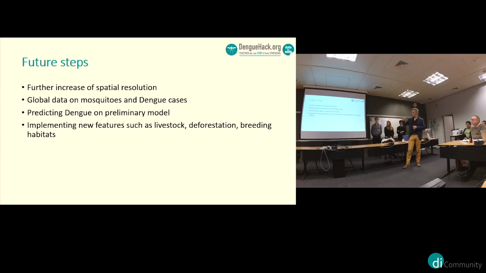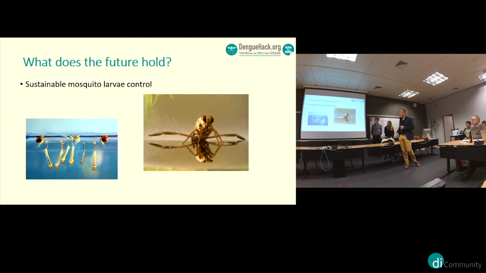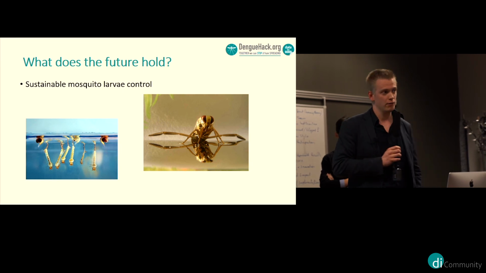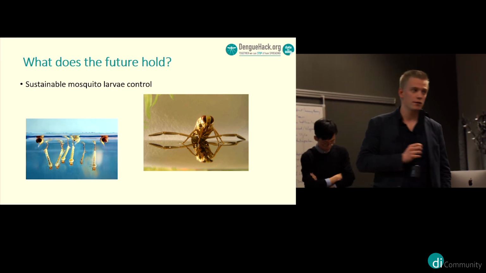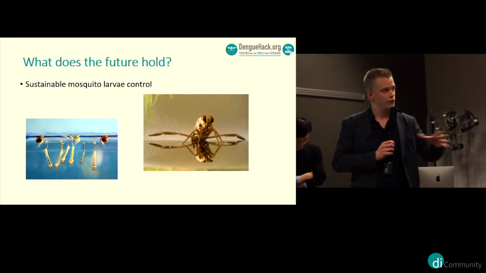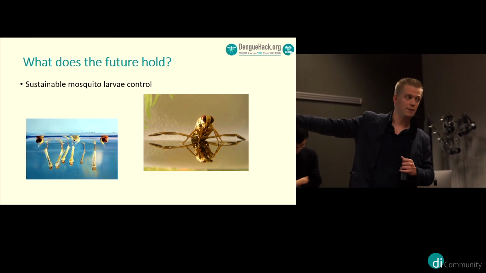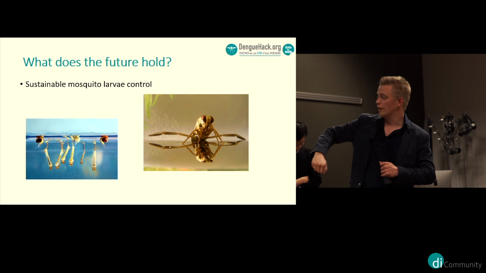I want to end very shortly with the last slide, and I want just to give you a quick update on the latest research in sustainable vector control of mosquitoes. They're now experimenting quite successfully with so-called pheromones. These are chemical pheromones produced by natural predators, natural enemies of mosquitoes, such as the backswimmer over here.